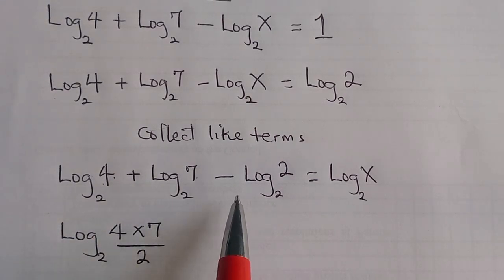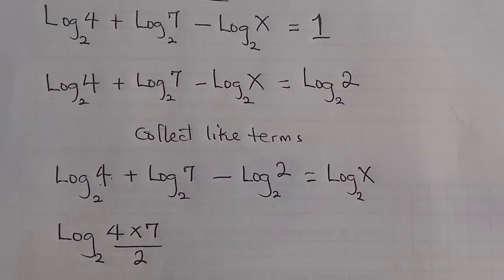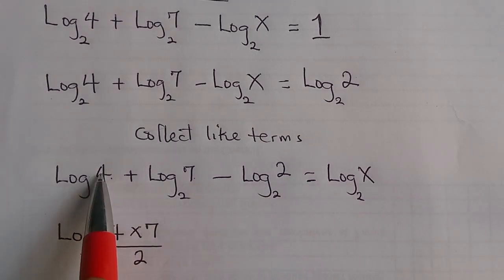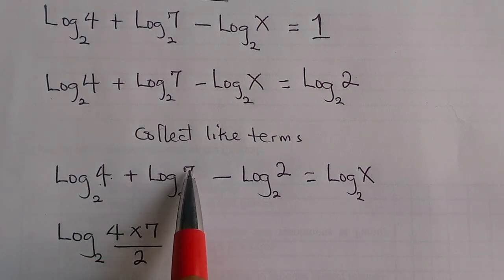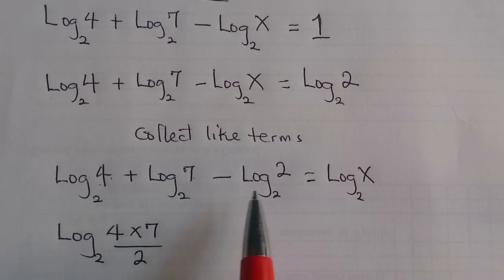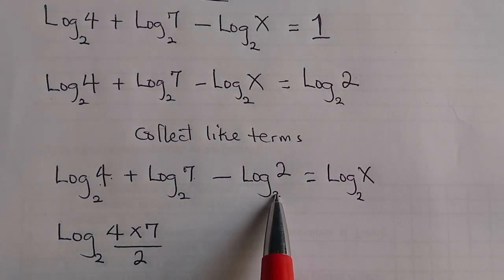Then for subtraction, if two logarithms are subtracted, the one being subtracted is used to divide the other, and all of them are expressed to their common base. Log 4 base 2 and log 7 base 2, after adding them, you are going to subtract log 2 to base 2 from it.